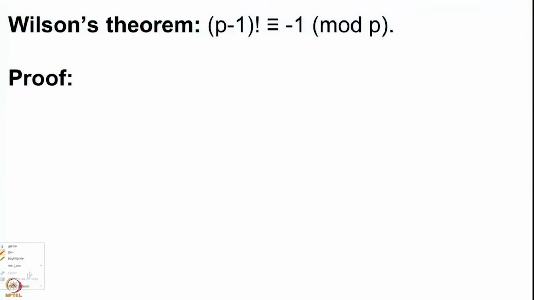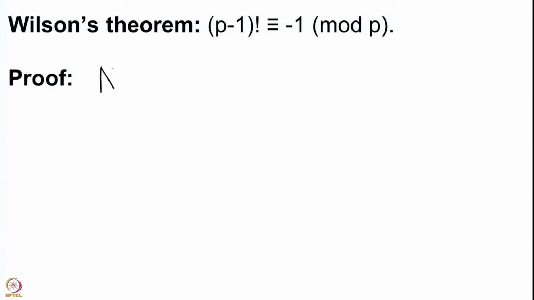Remember that result, that is the result that we are going to use here. So, we go towards proving this statement that p minus 1 factorial is congruent to minus 1 modulo p.